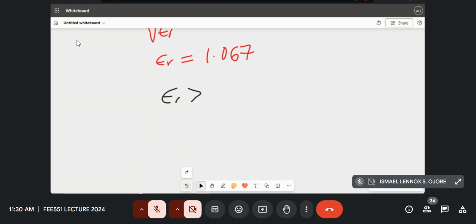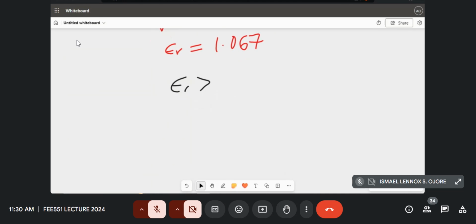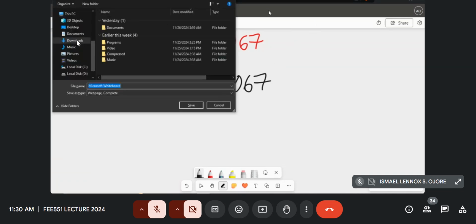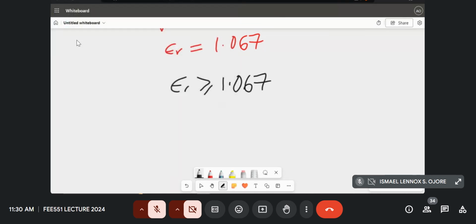Must be equal to or greater than 1.067. Is that okay?